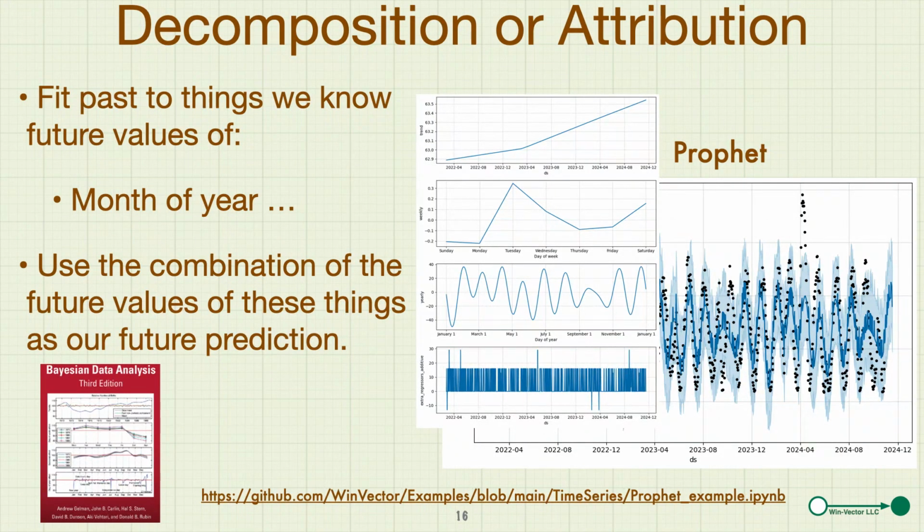The decomposition or attribution family of methods, which is again what Prophet does and also what Bayesian systems do, is you write down the past, which is these dots indexed by date, as a linear combination of unlabeled unknown subsystems.